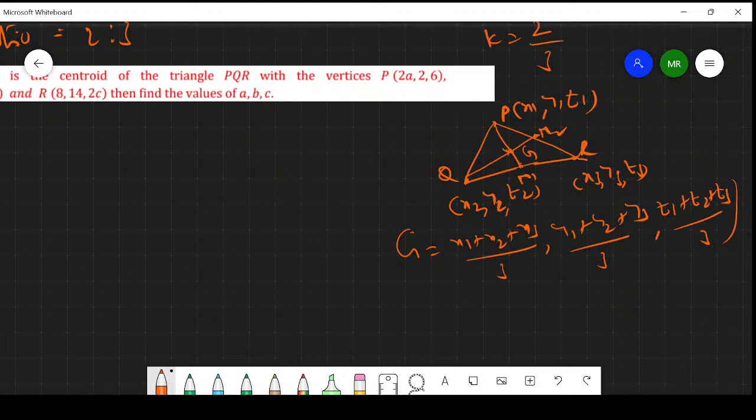So this is the centroid formula: sum of the x coordinates by 3, sum of the y coordinates by 3, sum of the z coordinates by 3.